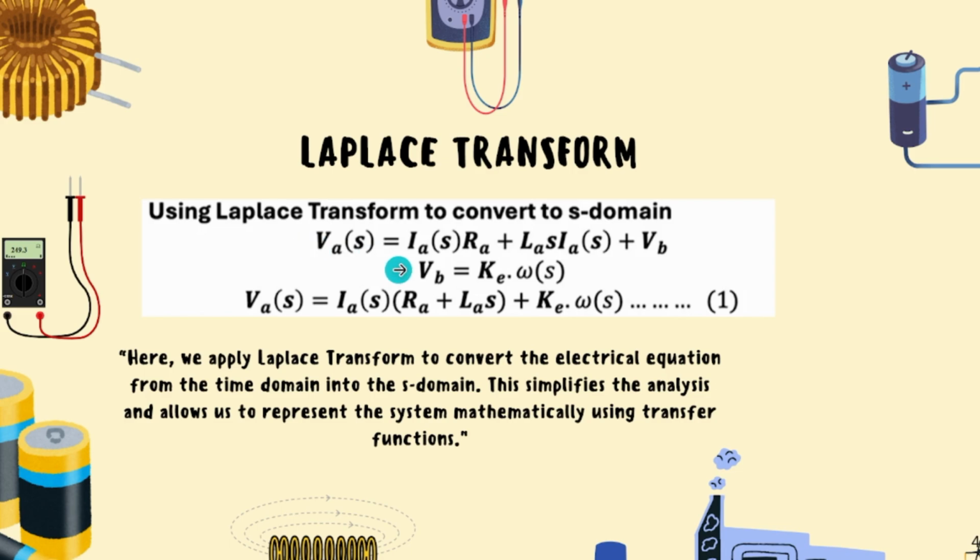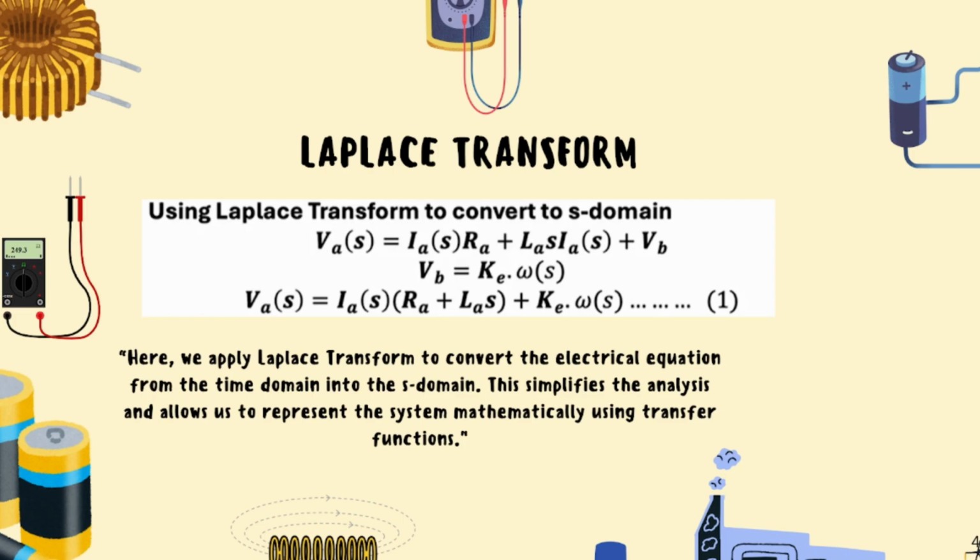The input voltage equals the sum of three terms. The first term represents the voltage drop across the armature resistance. The second term represents the voltage drop across the armature inductance. The last term represents the back EMF voltage generated by the motor rotation.